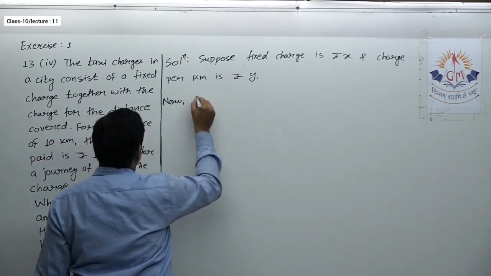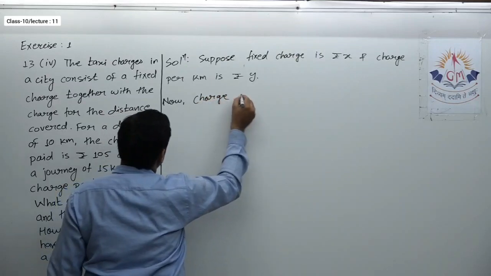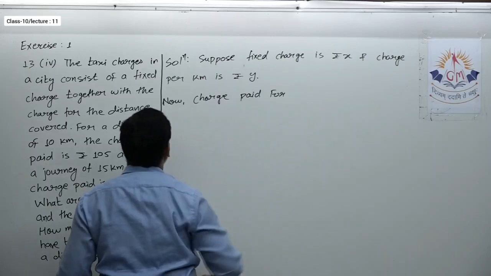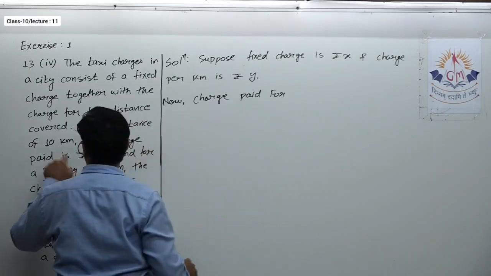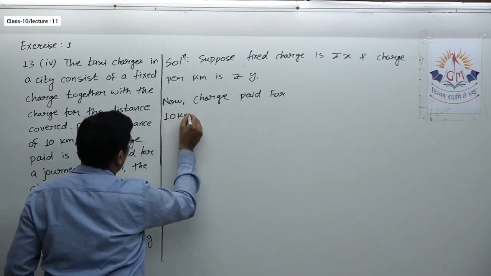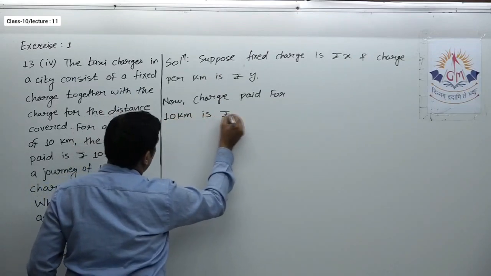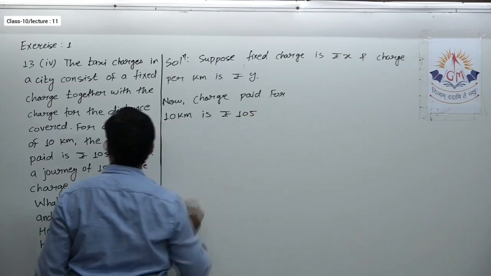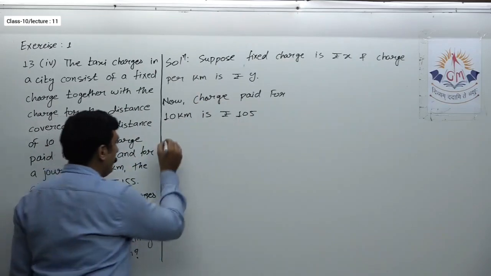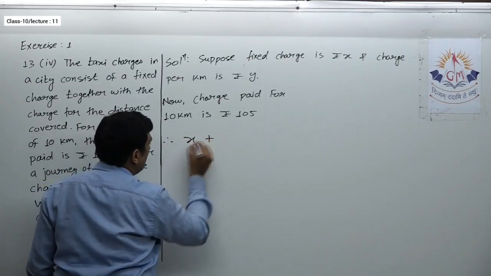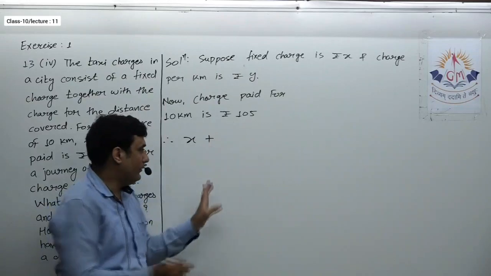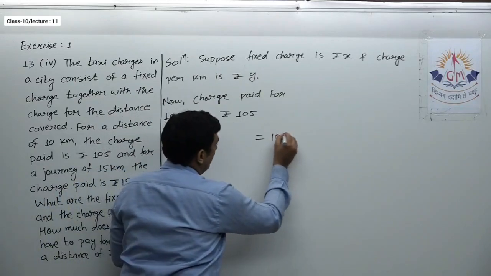Now, the charge paid for 10 kilometers is rupees 105. In this there is a fixed charge, so definitely I can say x is one portion of the total 105.